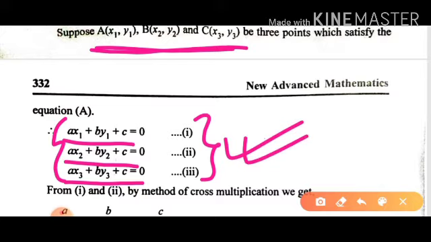That means each point will satisfy its equation: the first for point A, the second for point B, and the third for point C.